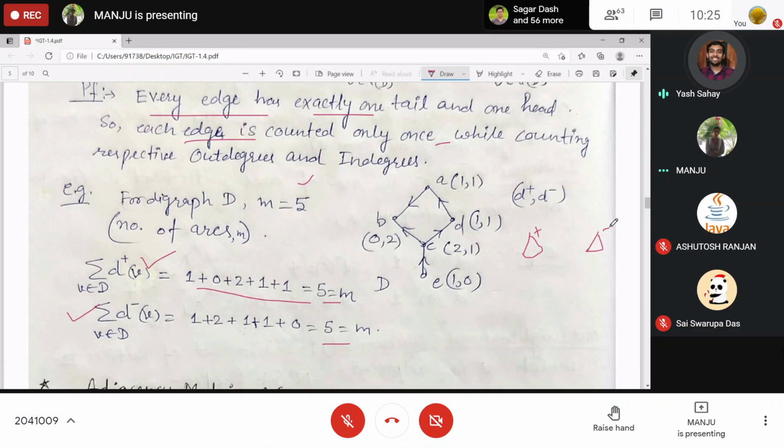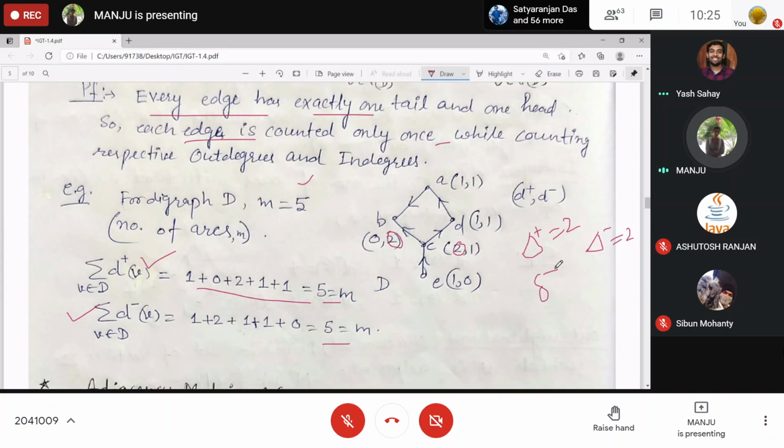Maximum out degree is 2, for C, right? Yes, ma'am. Maximum in degree is 2, for B, right?